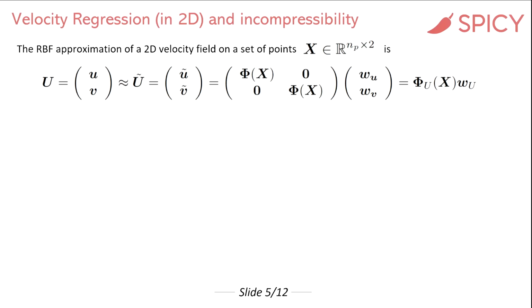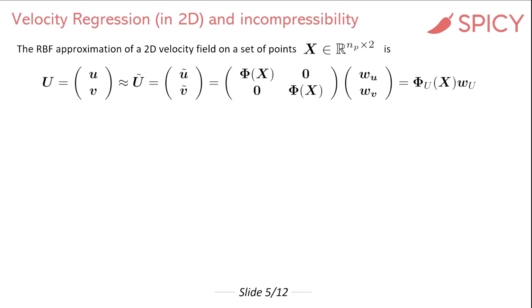Because of the linearity with respect to the weights, which we discussed in video 1, the velocity field prediction in these points or in any points can be again arranged as a matrix vector multiplication, as I'm showing here, provided that the basis has already been prepared. So you need to know your collocation points and shape factors, and this is the case at the moment. We will see in the last video how to create this basis, but for the moment this basis is given.